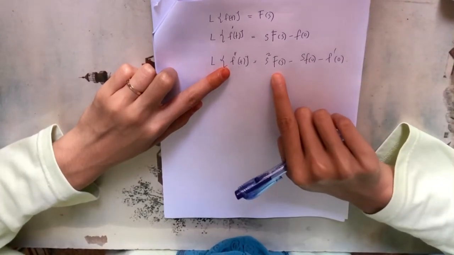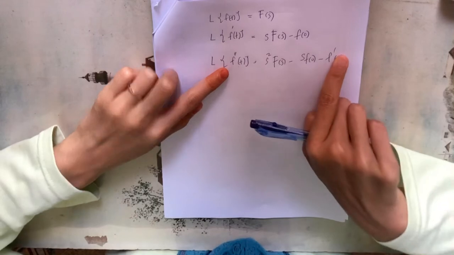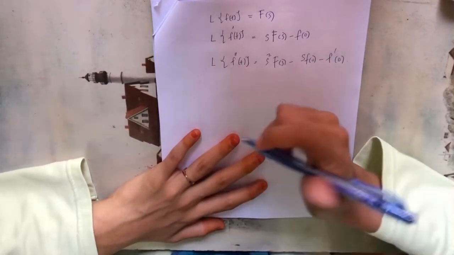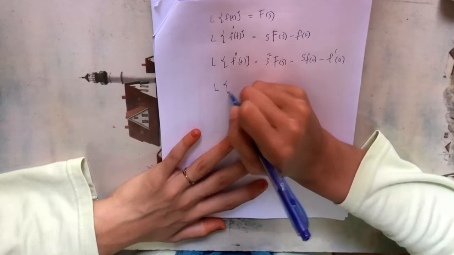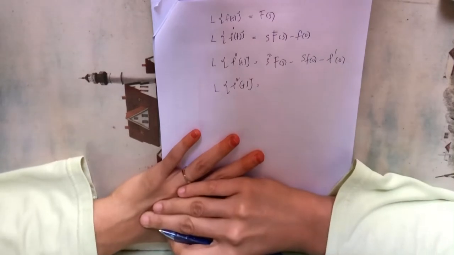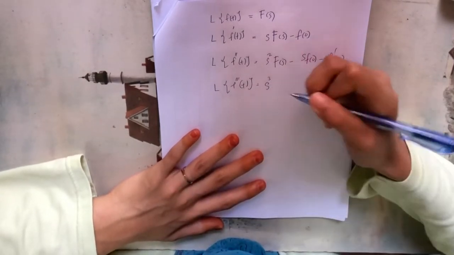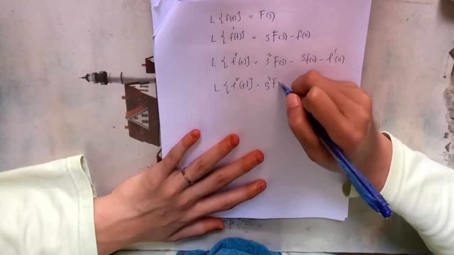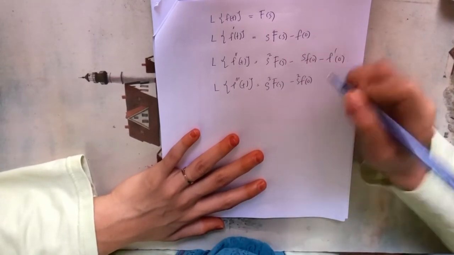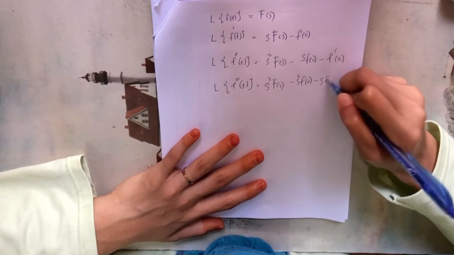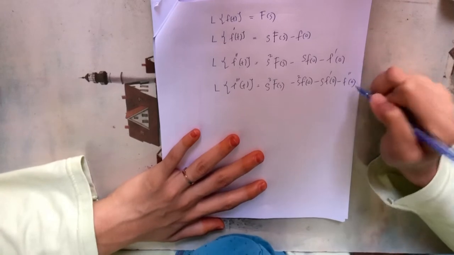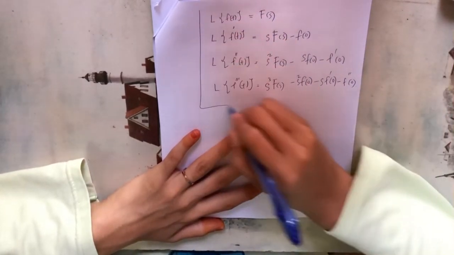For the third derivative, f triple prime, it is given by s cubed F(s) minus s squared f(0) minus s f prime 0 minus f double prime 0.